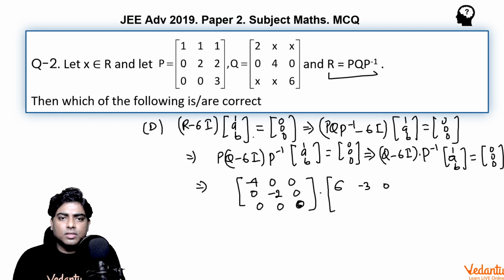For the second row elements of the adjoint we have to take cofactors of the second column.